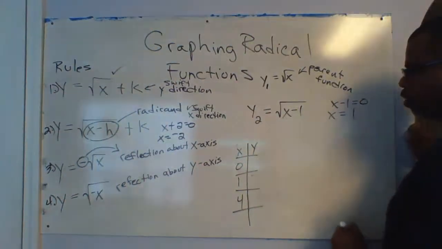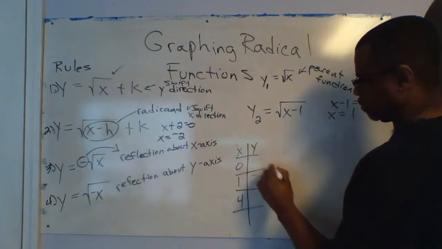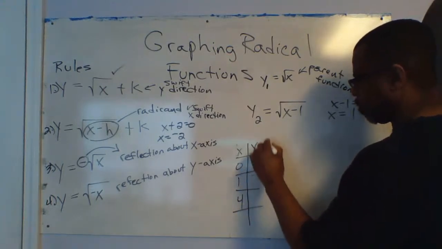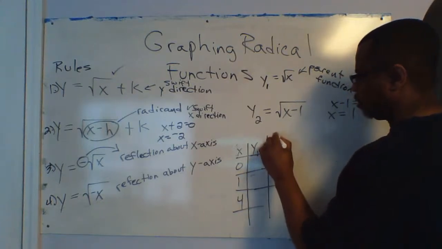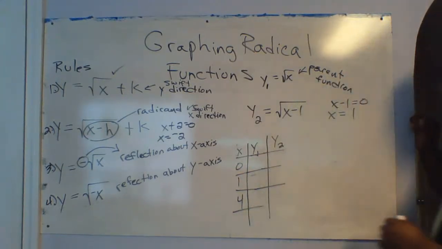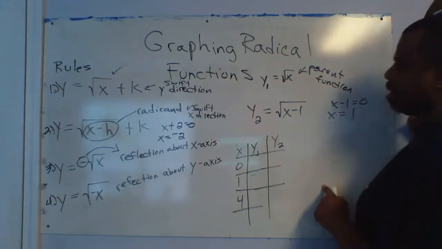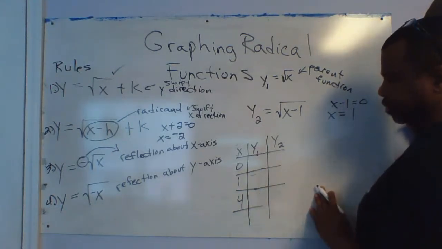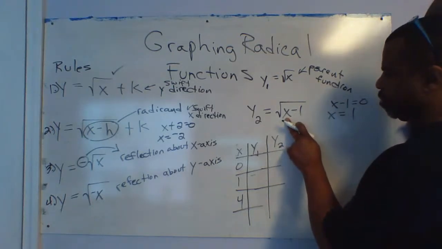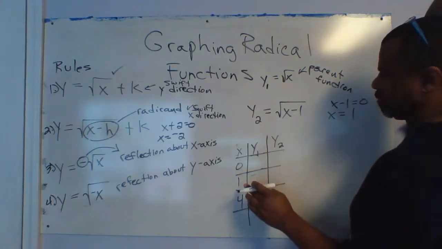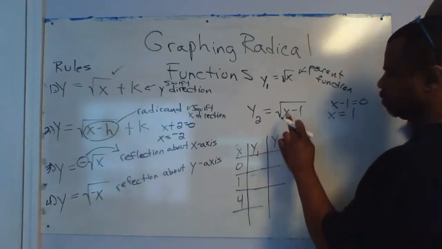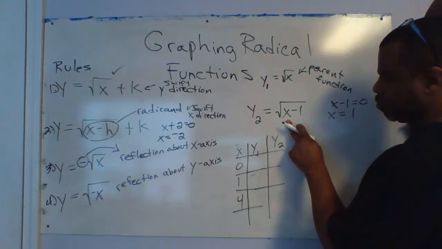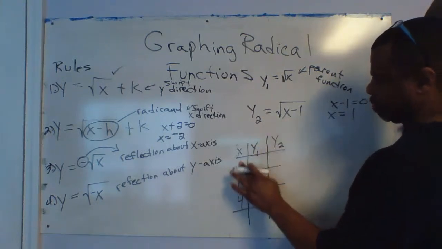All right, so we're going to plug in. So we'll let y1, and then we're going to come here, and we're going to do y2. So we're going to do the parent function so you can see the shift. So in the parent function, I'm going to put, oh, you know what? Since this is going to be 0, we have to start at x is equal to 1.